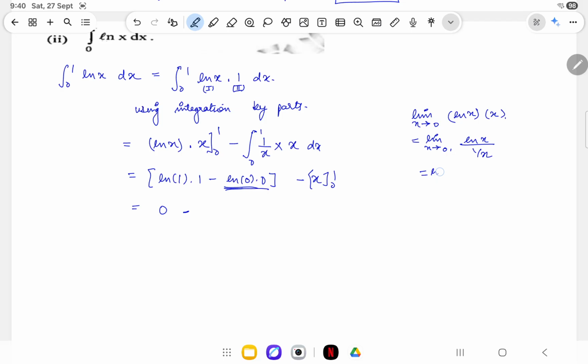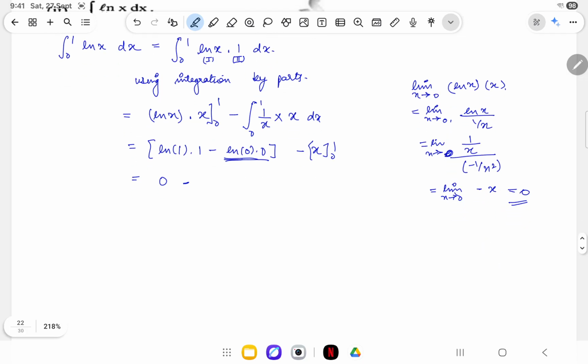Using L'Hopital's rule here, it will give us 1 by x divided by minus 1 by x square, and it will be equal to limit x approaches 0 of minus x, that gives us basically 0. So this reduces to 0 minus 1 minus 0, so the integration value becomes basically minus 1. So let's move on to the next question.